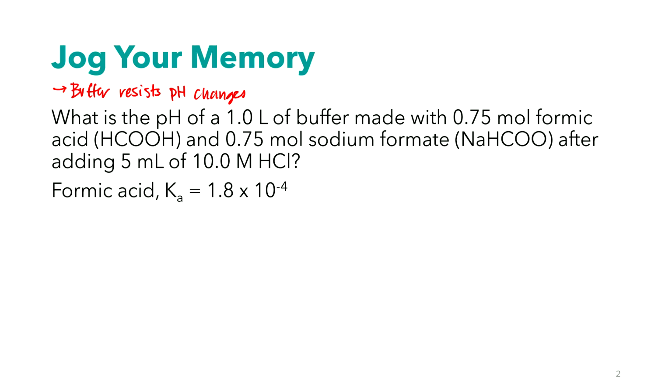Again, I've told you it's a buffer in the question, but you could have identified it as a buffer because you see this weak acid, formic acid, and we've added in sodium formate. Remember the nomenclature piece: -ic acid is the carboxylic acid, the weak acid. It looks like this.